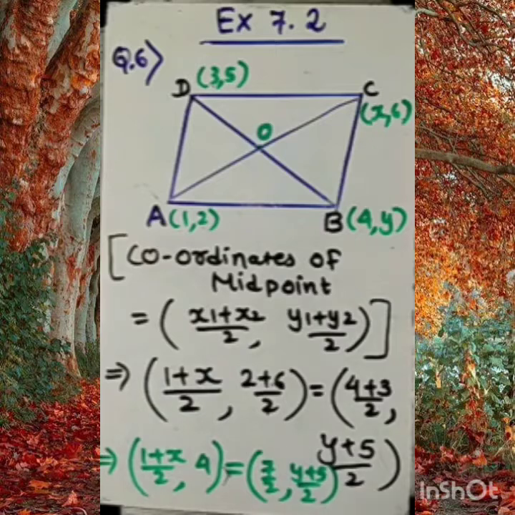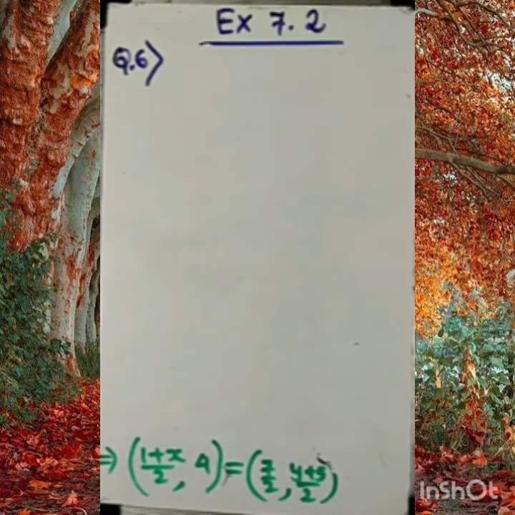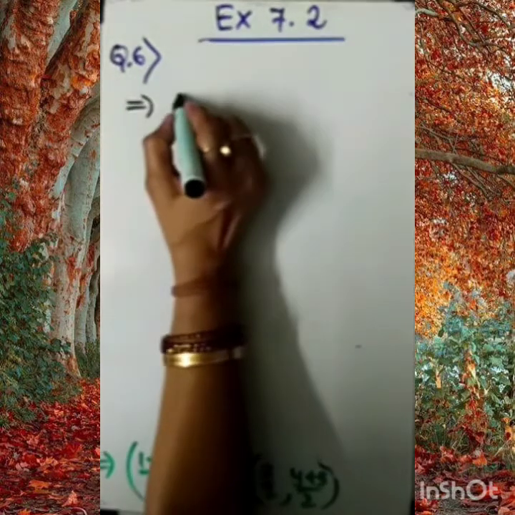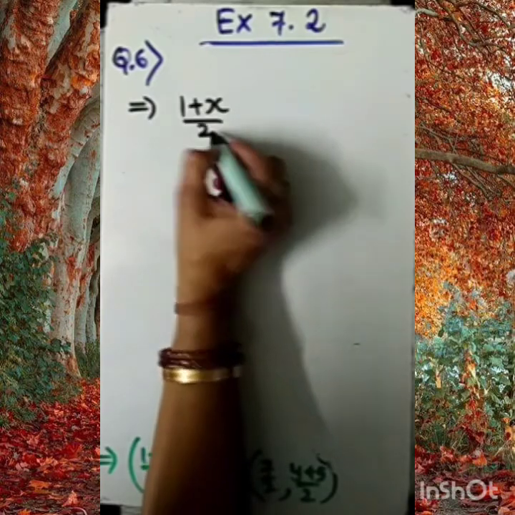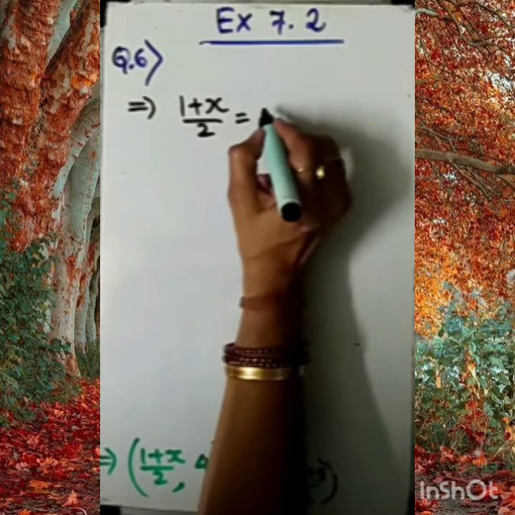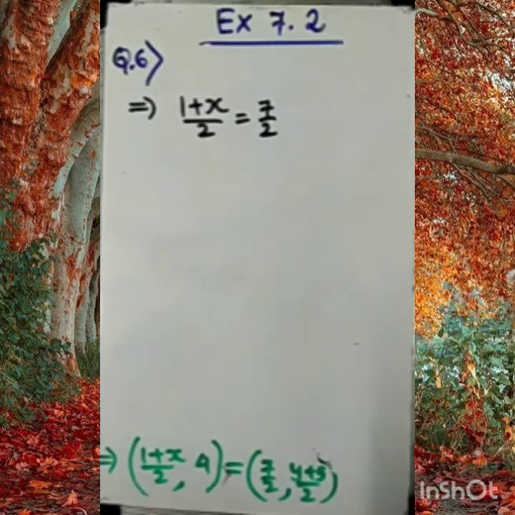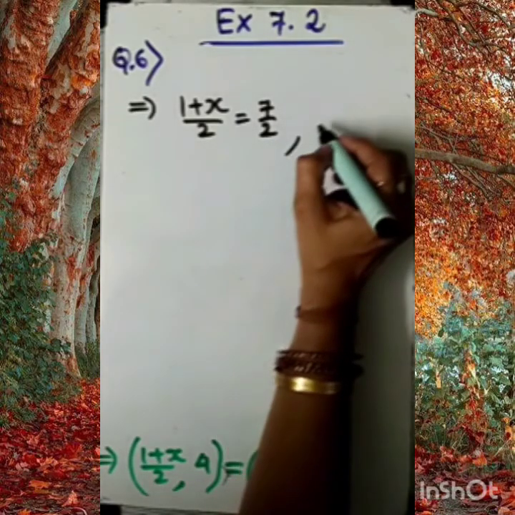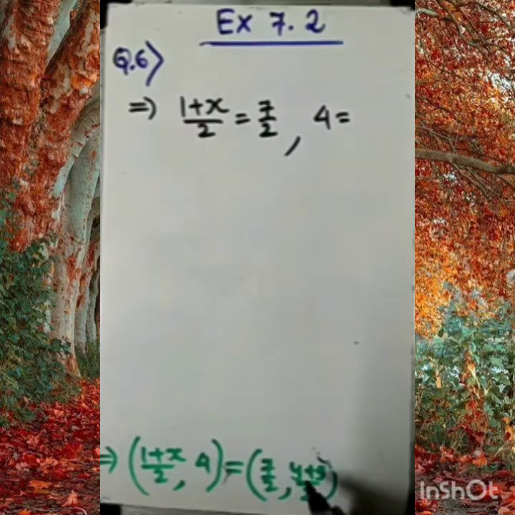Now we are comparing both sides: the coordinate of x and the coordinate of y. Now my dear student, 1 plus x divided by 2 equals 7 by 2, and of course on this side, 4 equals y plus 5 by 2.